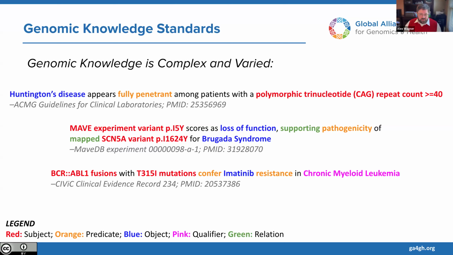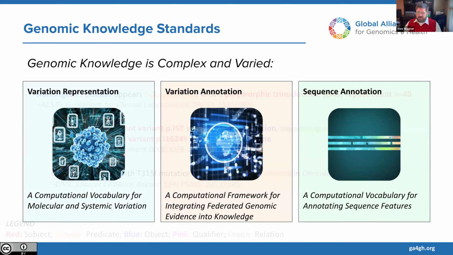You could also have functional knowledge statements about MAVE experiments, or therapeutic response evidence and knowledge about how different therapeutics are used to treat patient tumors in the presence or absence of specific activating mutations.